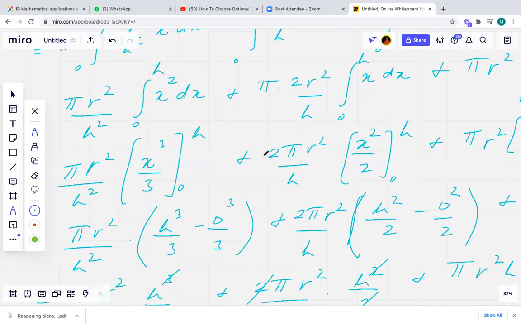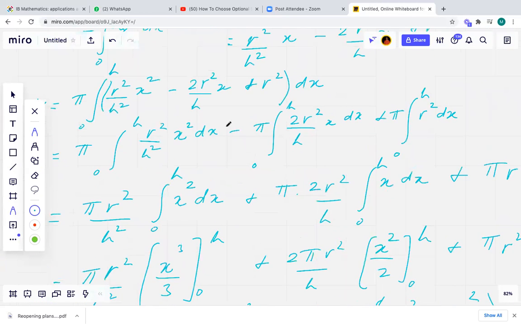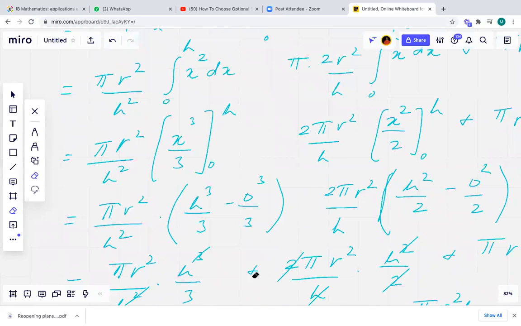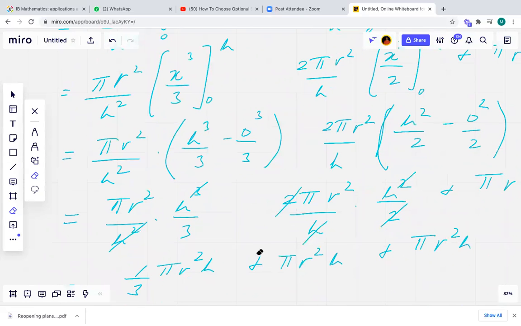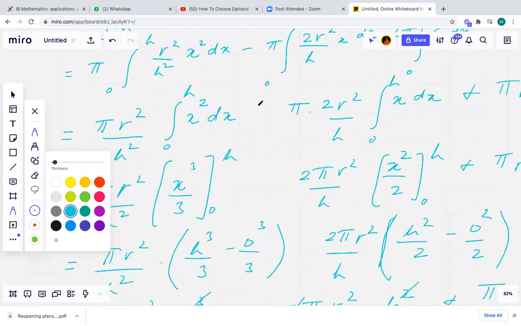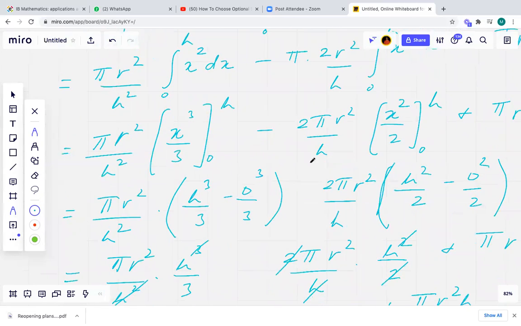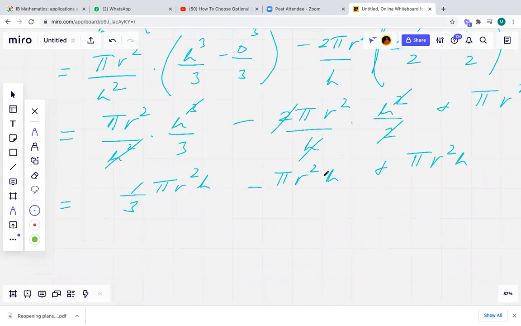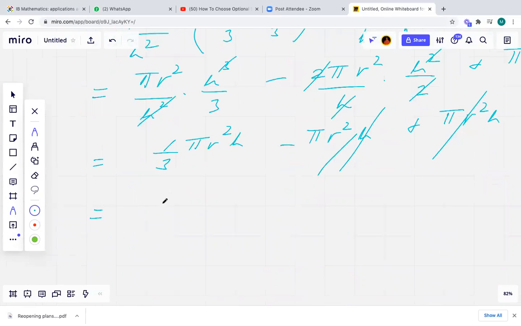They should be minus. Here I wrote plus, so it's minus, minus, minus. This will cancel. So the volume of the cone is 1 upon 3 pi r square h.